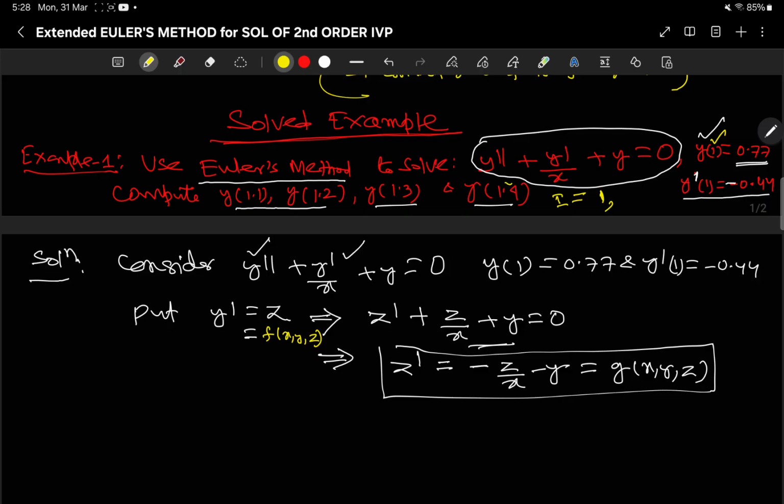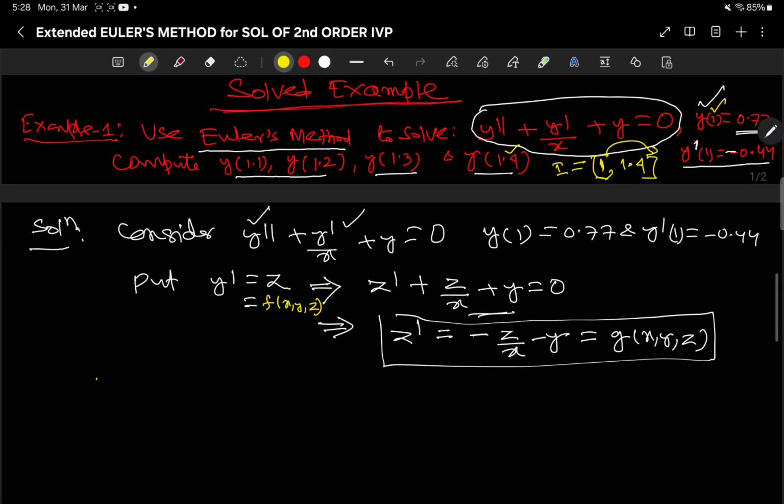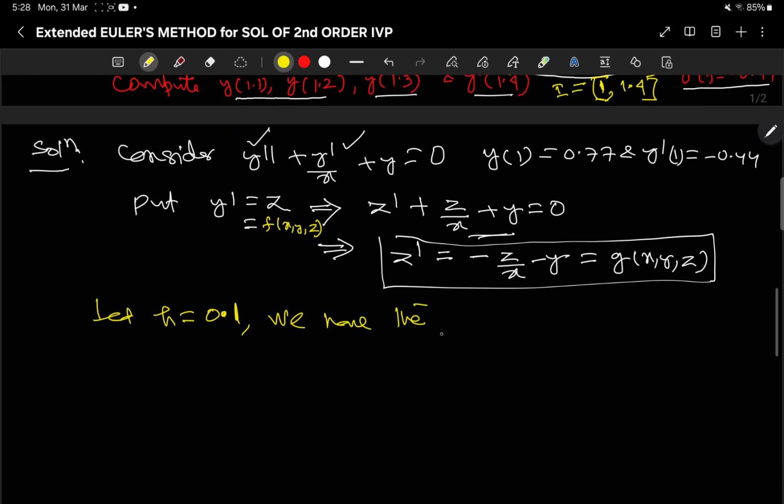We have to extend up to 1.4. So we'll extend from 1 to 1.4. We take the step length h, suppose 0.1. Let h be equal to 0.1. We have the Euler's formula, I mean to say here is the extended formula.